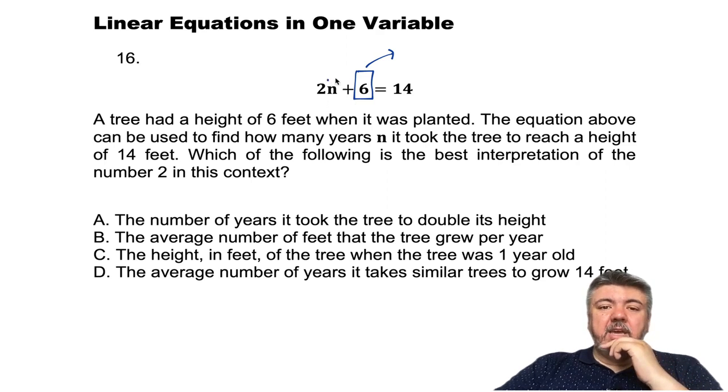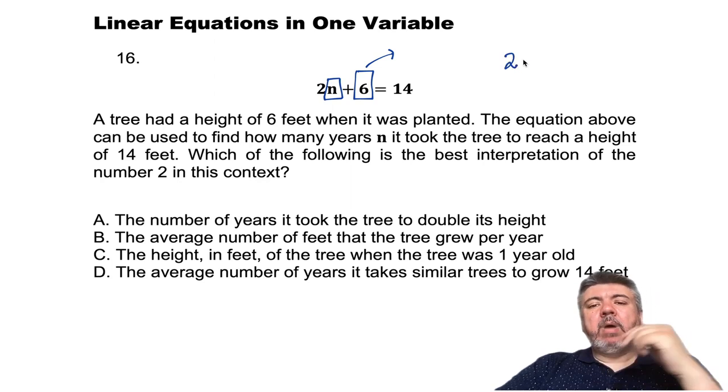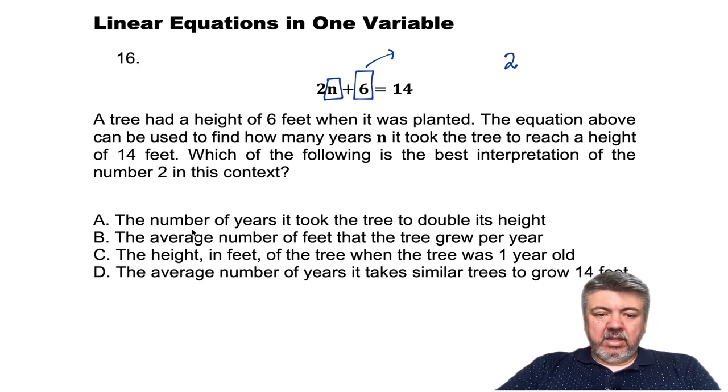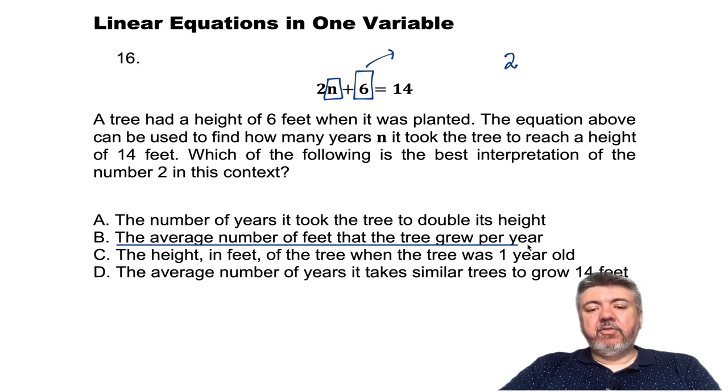The n here is the number of years. 14 is the intended amount, the height that the tree reaches. The 2 here is how many feet it grows every year. So we were supposed to find that in the choices. Look at choice B. The average number of feet that the tree grew per year.